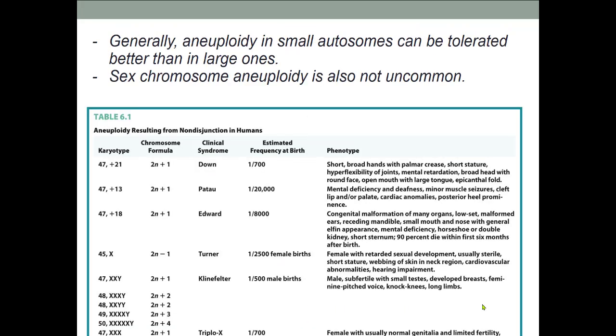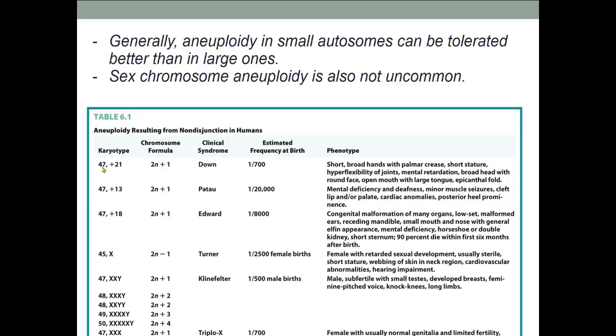And so I mentioned a couple of times now that there are only a few human trisomies that have been observed. And this table is showing us a bunch of them that have been observed, but from our autosomes, just these 3 at the top. So we mentioned Downs. It would be represented as 47, and then we would say either XX or XY, and then we would indicate a plus 21.